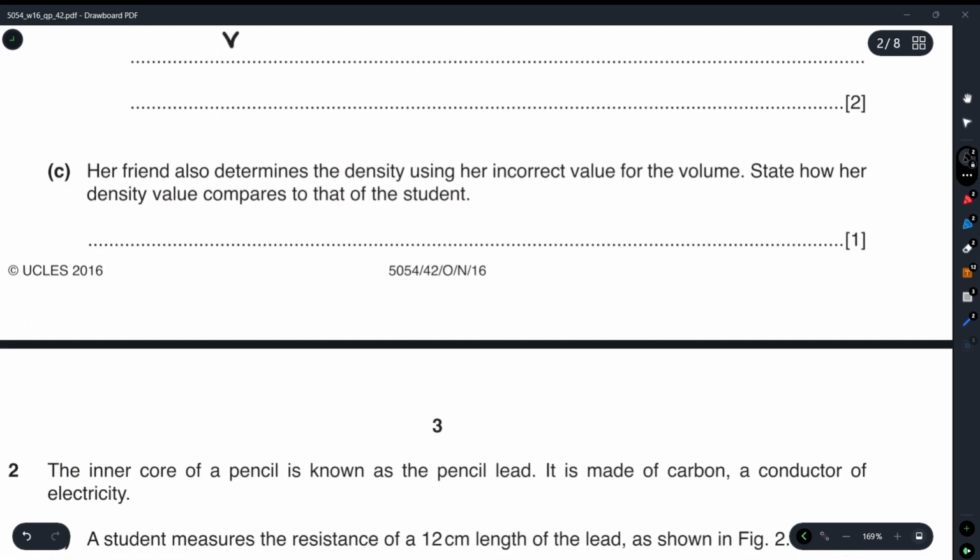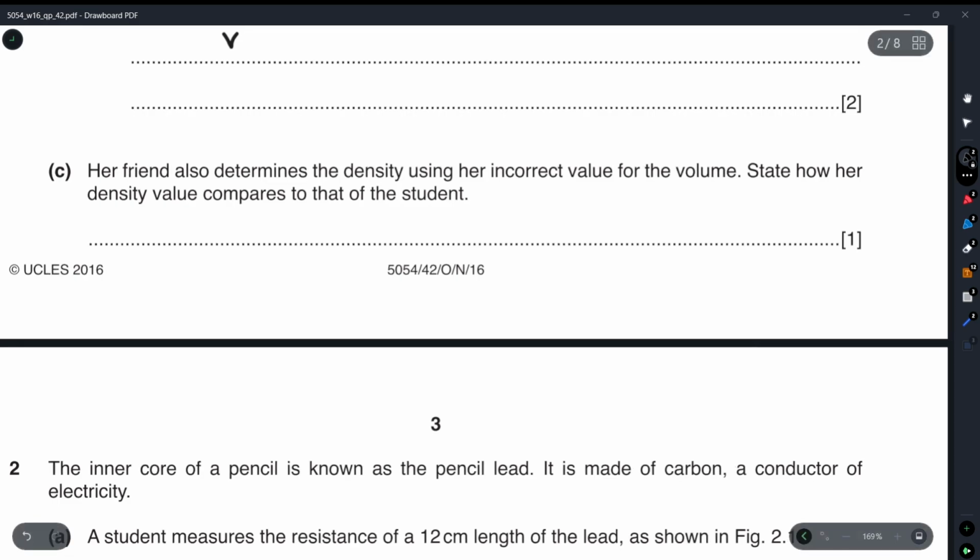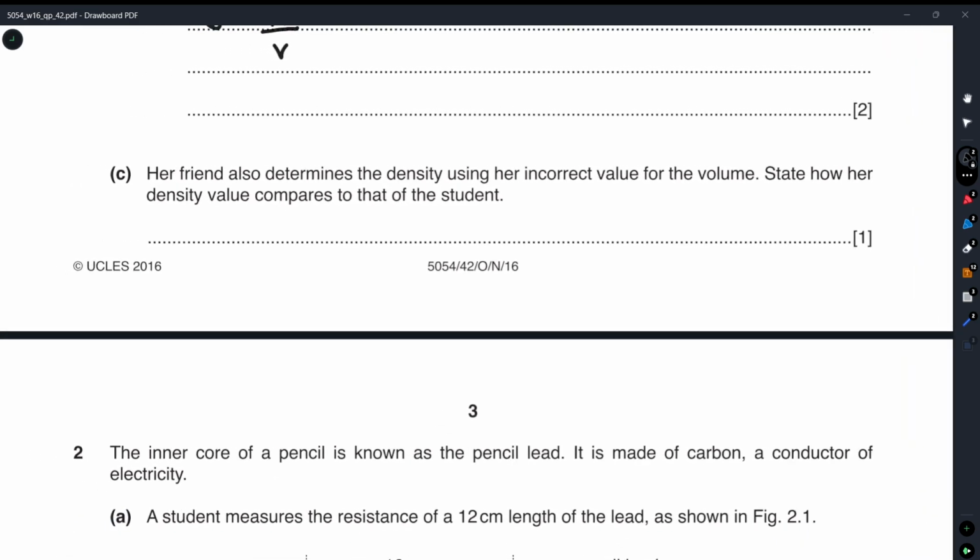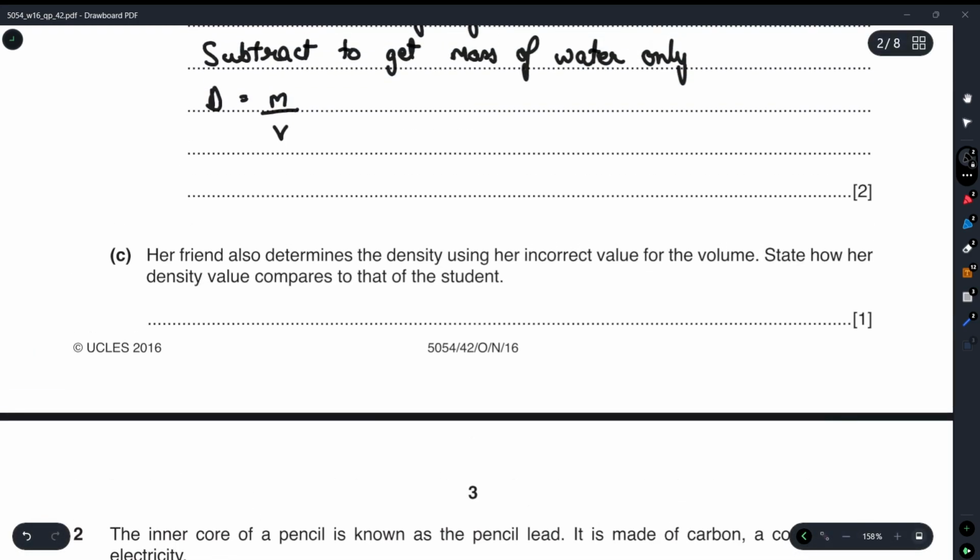That's essentially what you're going to do. Her friend also determines the density using her incorrect value. State how her density value compares to that of the student. Now, of course, because the volume is greater for the student's friend, density is inversely proportional, means density is going to be smaller or lower rather. So lower density. Her friend is going to measure lower density.